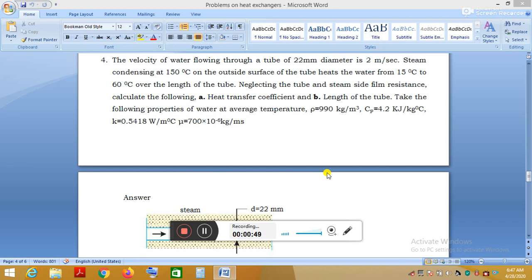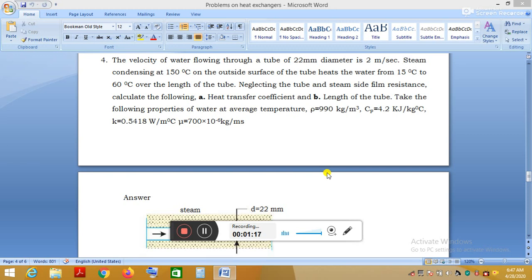We know that condensation takes place at the saturation temperature and therefore the temperature of the steam remains constant. That means it condenses at 150 degrees Celsius. Its inlet temperature and outlet temperature remain the same.